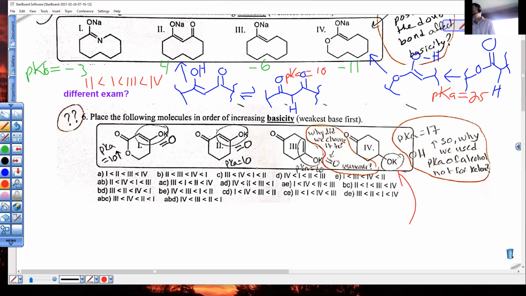Here, we have a choice of alcohol and ketone with an alpha H. Which one is coming off first? 1,000 times faster. Is it the 20 or the 17? And the answer is 17 comes off before 20, so that's why we use the 17 and not the 20. Okay. And I think we covered that.